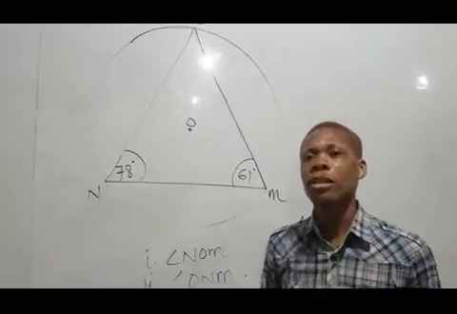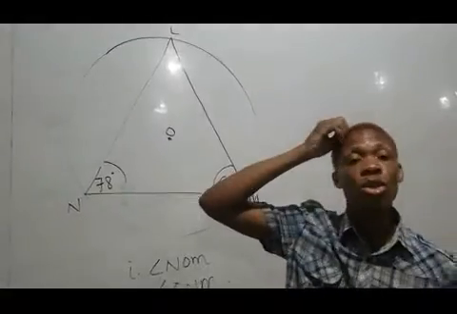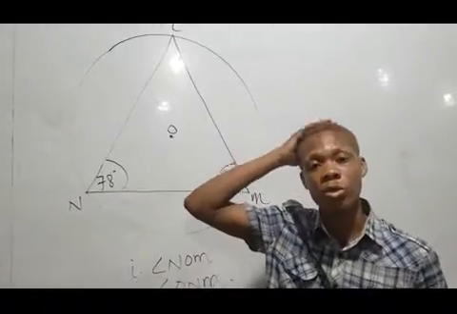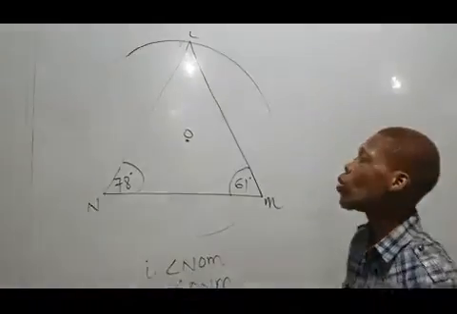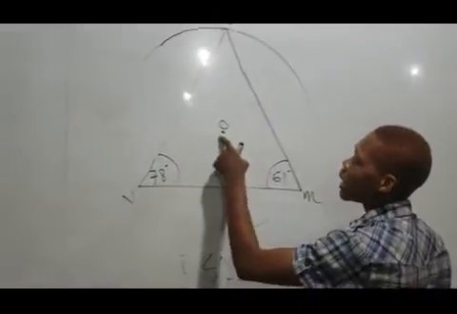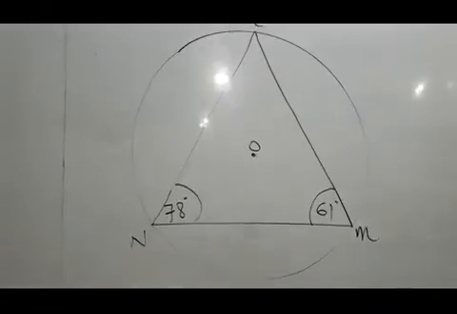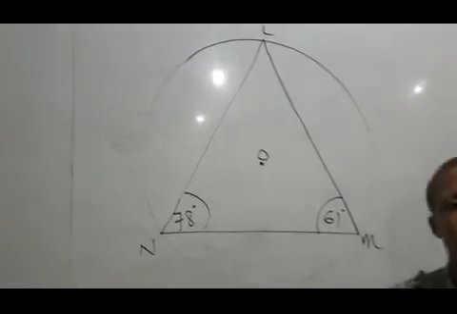And we also learned from plane geometry that the angles in a triangle should always give us 180 degrees. When you sum the angles in a triangle up, it should give you 180 degrees. So to be able to get the answer to this question, you realize that the angle at the center here is not given to you. The angle at the circumference here is also not given.